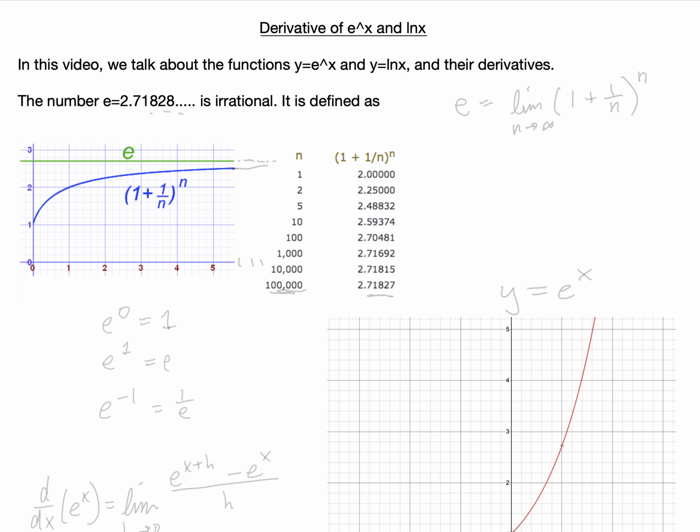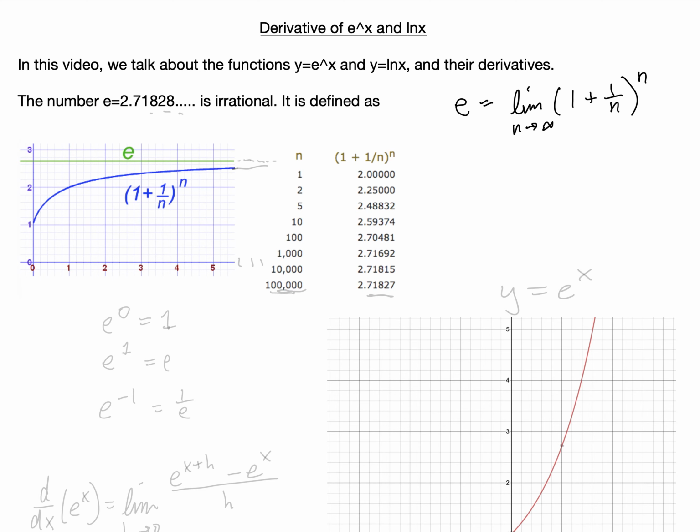And it is defined as e is equal to the limit as n goes to infinity of (1 plus 1 over n) to the nth power.